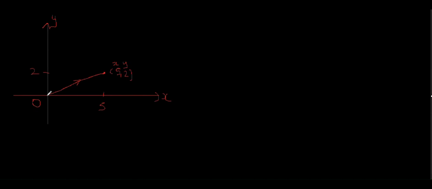Think about it this way: you move 5 units in the x direction and 2 units in the y direction. It's analogous to coordinate geometry, but a vector considers a line starting at the origin to a point.